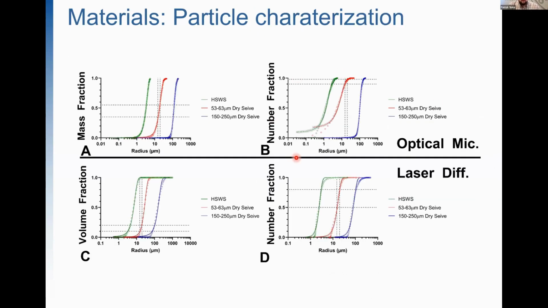And again, the way we argue this is that in the mass or volume fraction, most of our particles by mass or volume actually are above these vertical dotted lines, indicating that they're larger than the concentration boundary layer. But when you look at the distributions as a number fraction for both of them, you'll see that a significant and maybe even the majority of particles actually are these microparticles able to be dissolved in the concentration boundary layer.